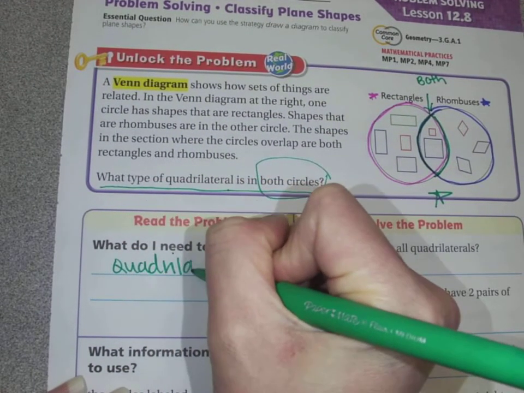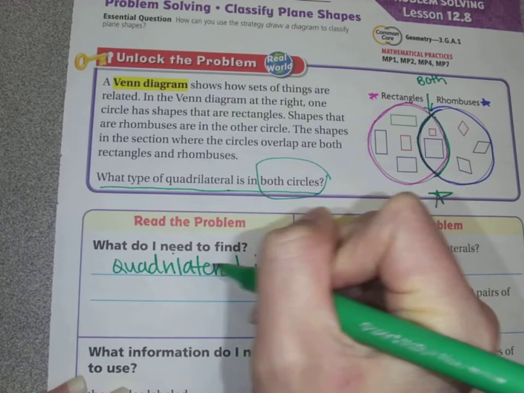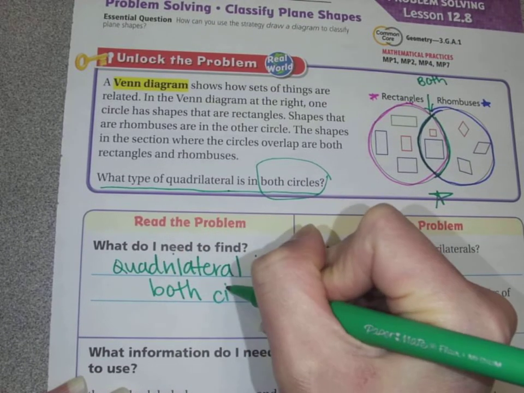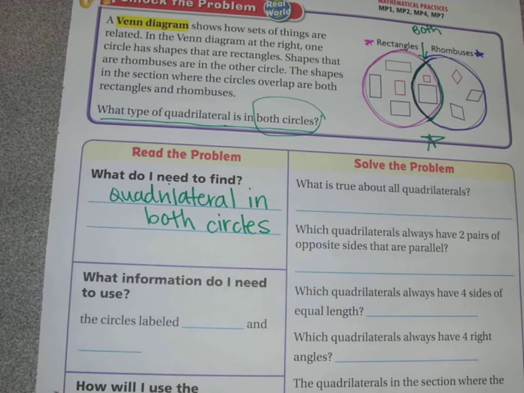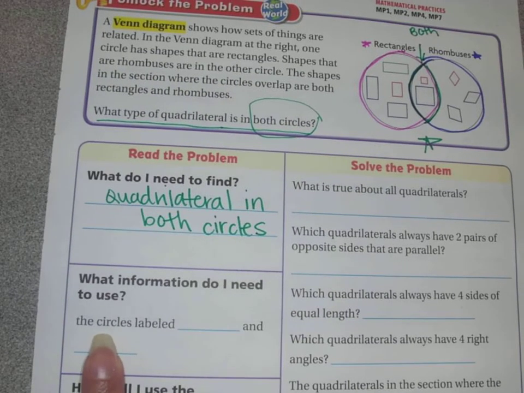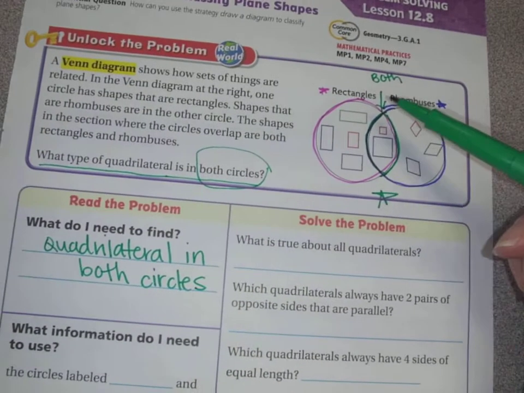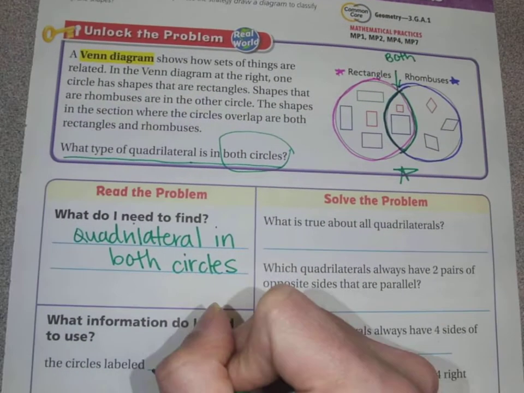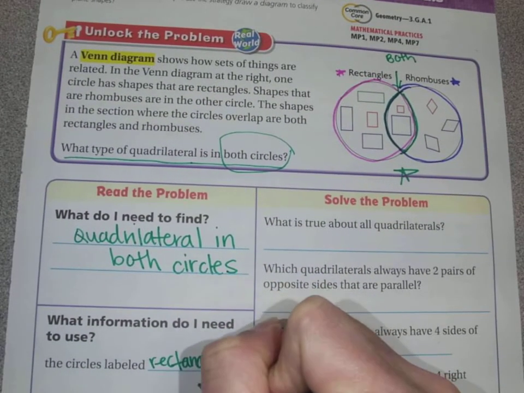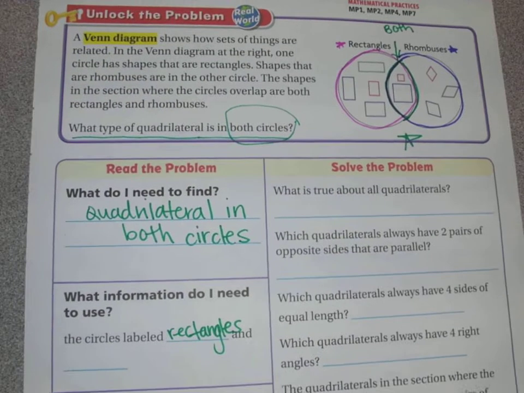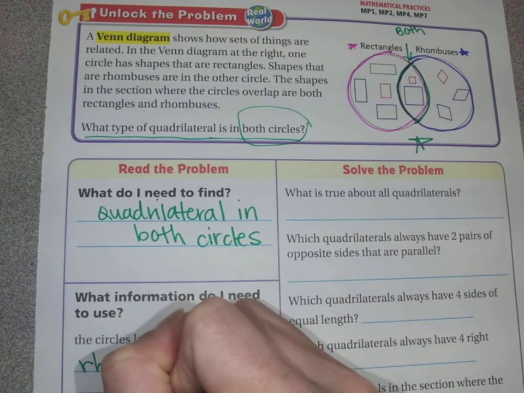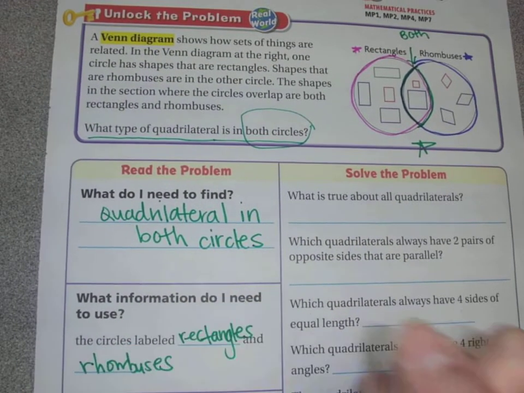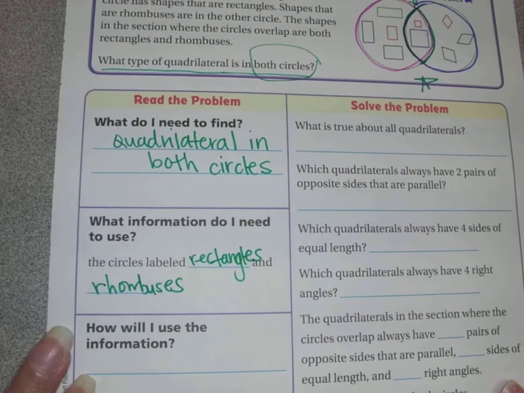Now, what information do I need to use? We are definitely going to need to use the circles that are labeled rectangles and rhombuses, okay? That's going to help us determine the quadrilaterals that are in the middle of this Venn diagram.